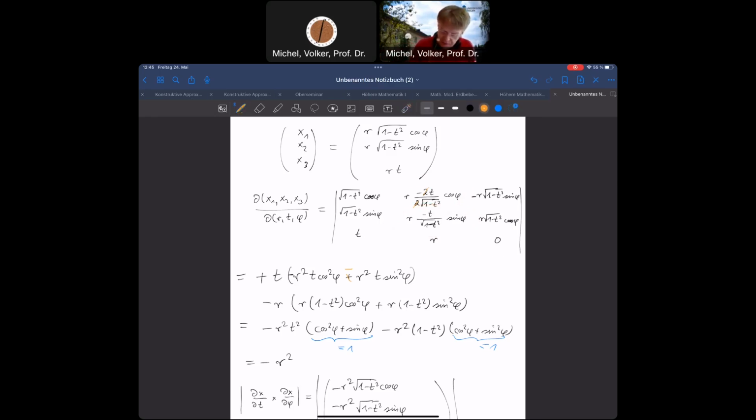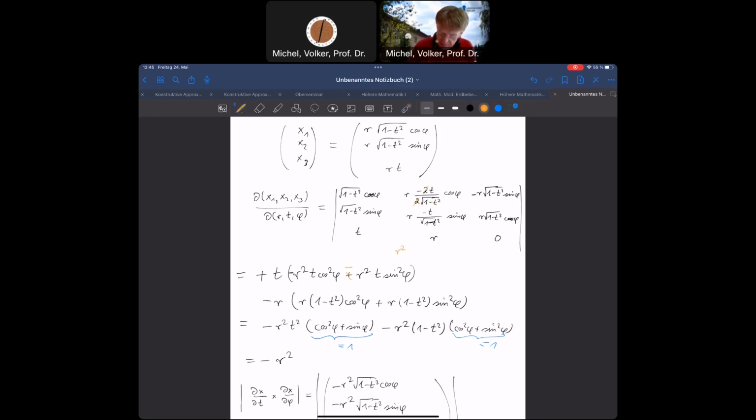So we get together r squared times t squared divided by 1 minus t squared. That's what both have in common, and one has the cosine squared, the other the sine squared, both of phi, so if you sum it up, you get this. And the third component gives me an r squared, which I already write as r squared times 1.